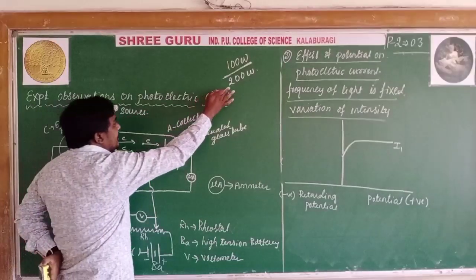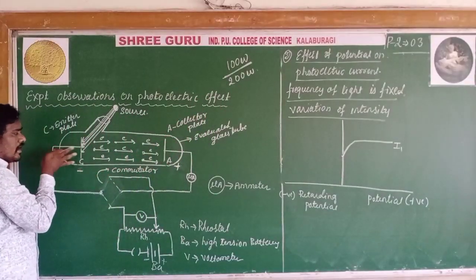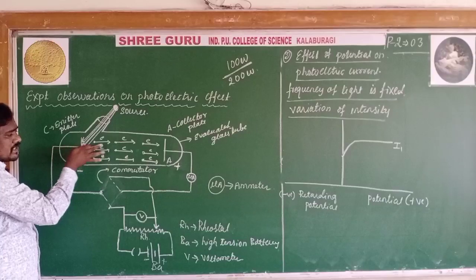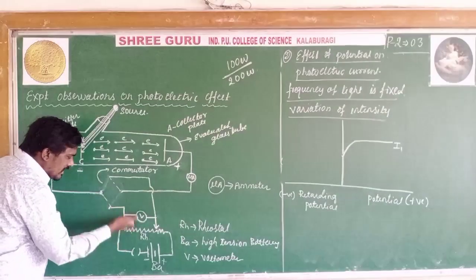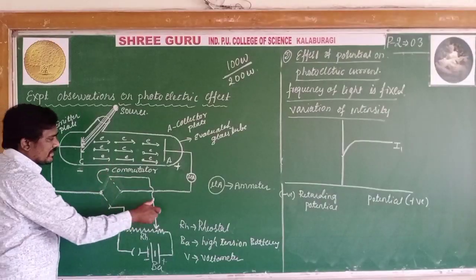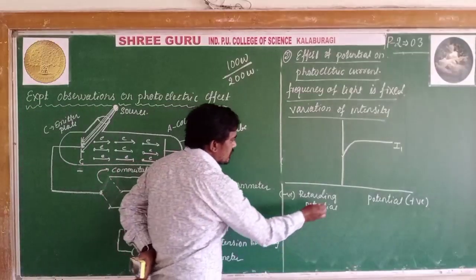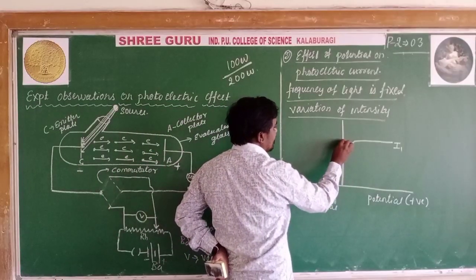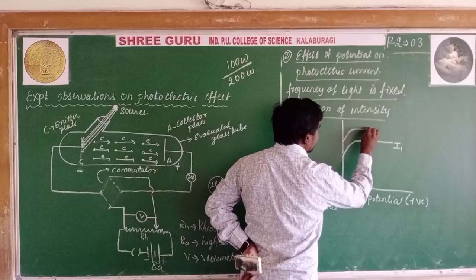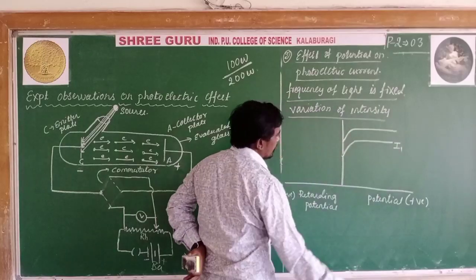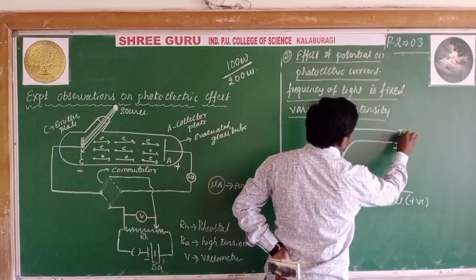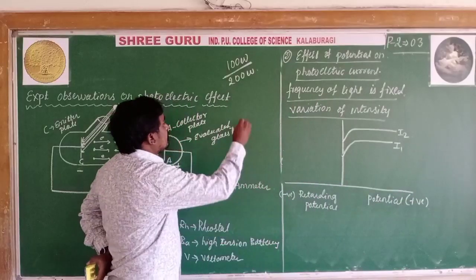Now the intensity increases, the number of emitted electrons also increases. If we increase the potential, definitely the current also increases. The current increases and at a particular point it is going to saturate. This is called I2, intensity 200 watt.